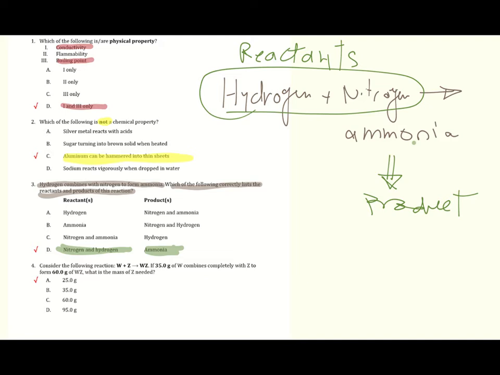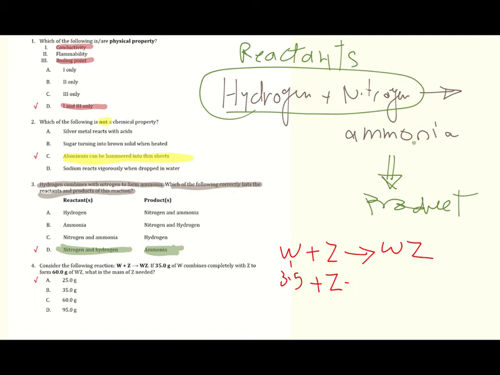Consider the following. W plus Z equals WZ. If 3.5 grams of W, write them under W, completely combined with Z to form, so I don't know how much Z we have, to form 60 grams of WZ.